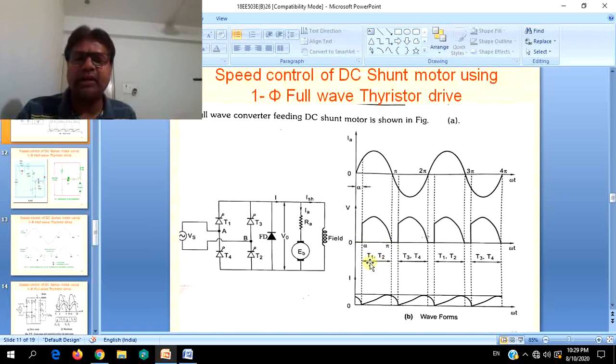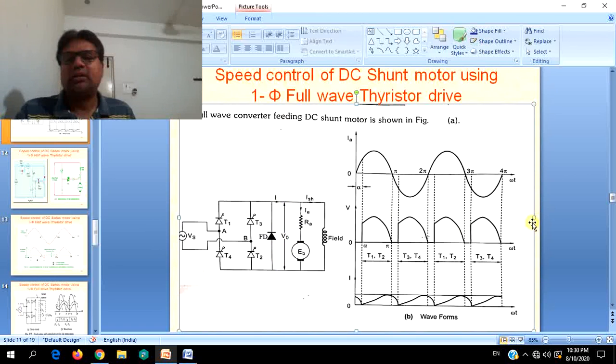From alpha to pi, T1, T2 will conduct. From pi plus alpha to 3 pi by 2, T3, T4 will conduct. Likewise, during these intervals, the stored energy inside the inductance will freewheel through the freewheeling diode, similar to the concepts we have discussed so far.